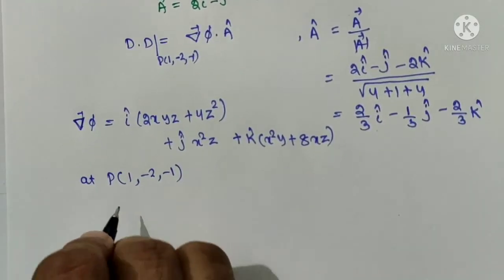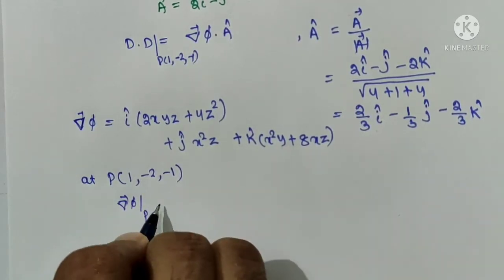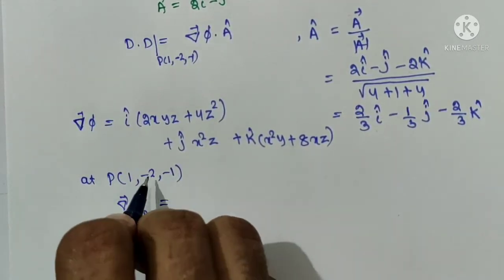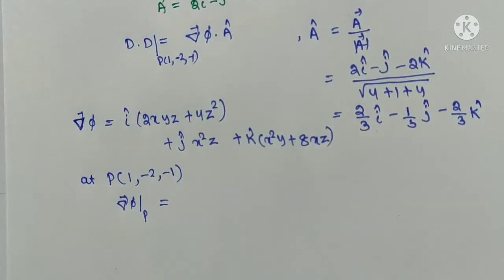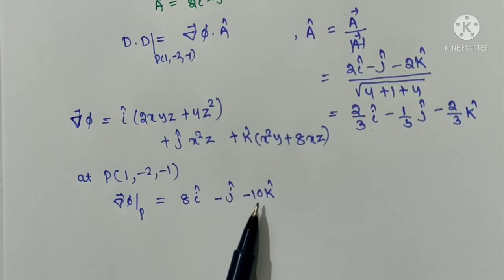Okay, so grad phi at this point P equals, just put the values of x, y, z. So grad phi at this point P is 8 i cap minus j cap minus 10 k cap.